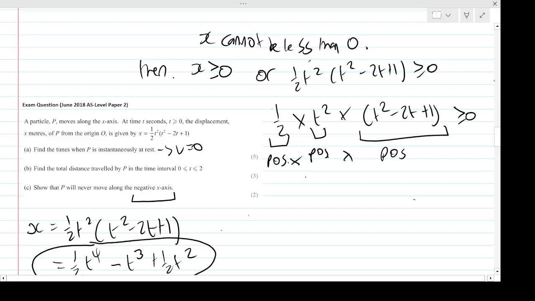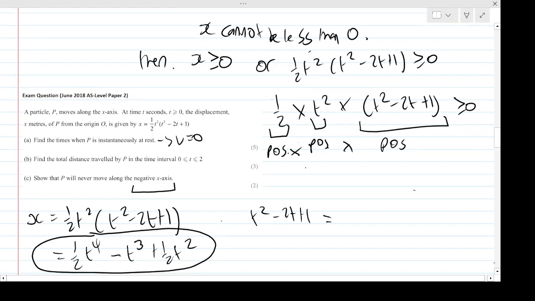So I'm going to say down here that t squared minus 2t plus 1, let's see if we can factorise it. Well, we want two numbers that multiply to get 1, positive 1, and add to get minus 2.